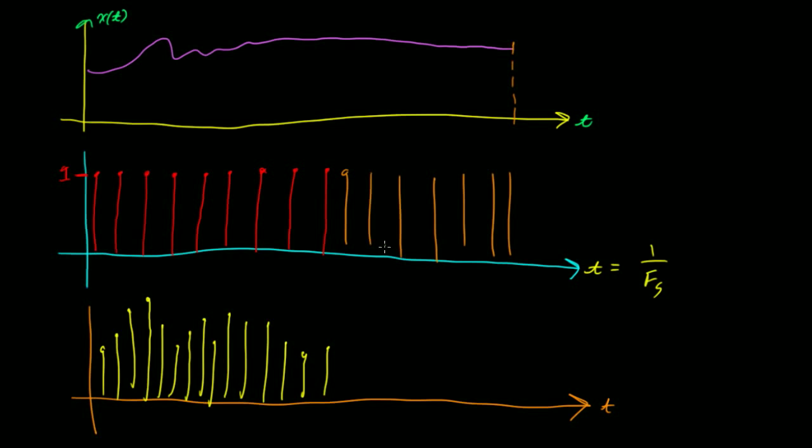In this case, fs in our code is 15, so the spacing should be 1 over 15, which is 1/3 times 0.2, it's like 0.06 or something like that. So that makes sense. This is equal to roughly 0.06.